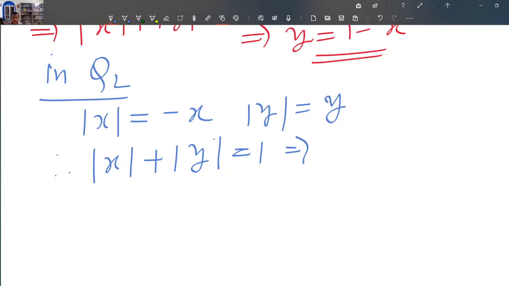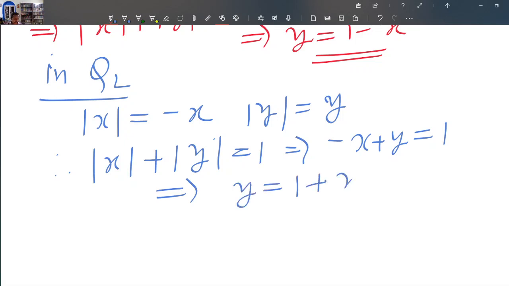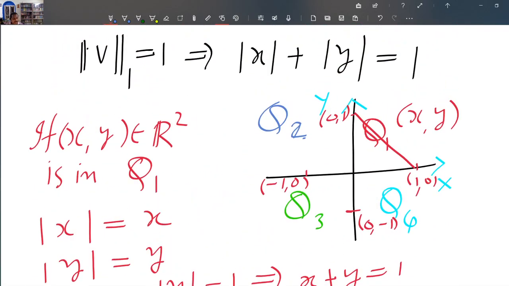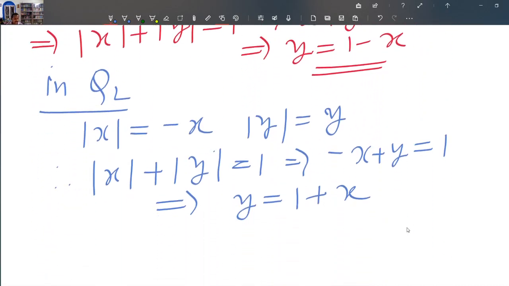This implies minus x plus y equal to 1, so y is equal to 1 plus x. And y equal to 1 plus x will be this one.